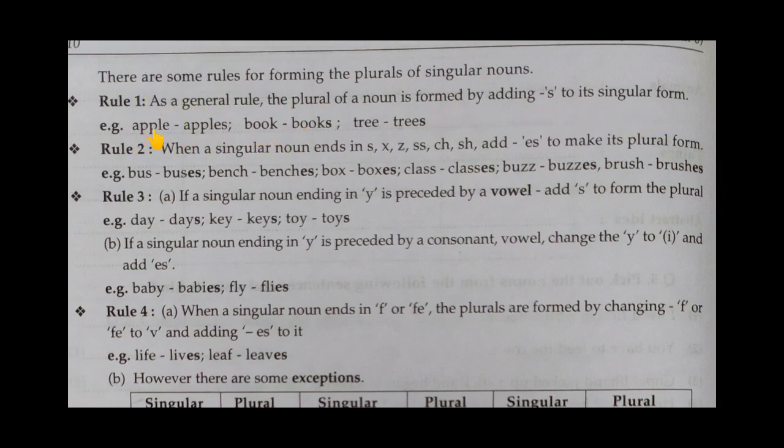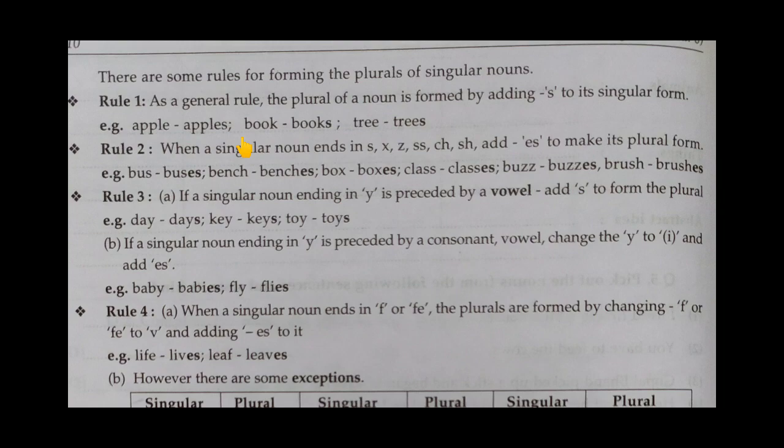So here are some examples. First example is apple. So here what is added? Only s is added. Apples. When we want one apple, we use the word apple, and when we want more than one apple, 2, 3 or 4 apples, then we use apples. Give me 4 apples or 3 apples.